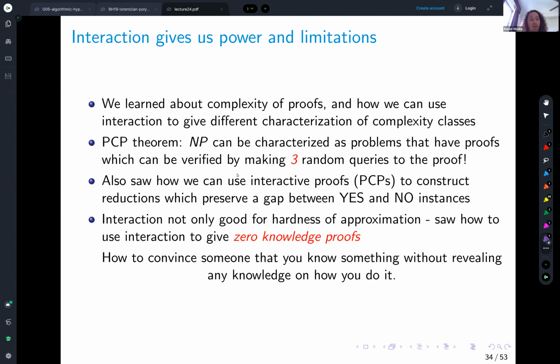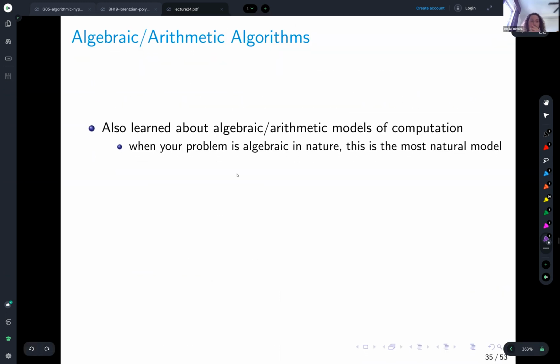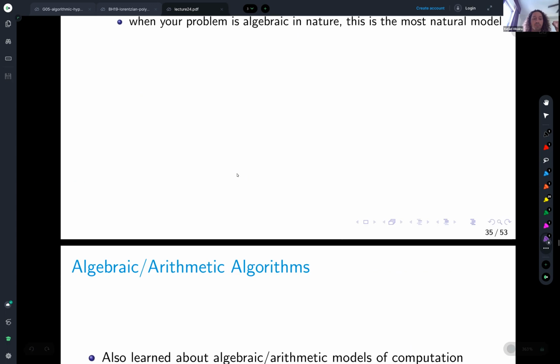All right. And then we also learned a little bit about algebraic and arithmetic algorithms, right? So we learned about algebraic and arithmetic models of computation. And we saw that if my problem is algebraic, like multiplying two matrices, for example, then this is the most natural model to deal with.